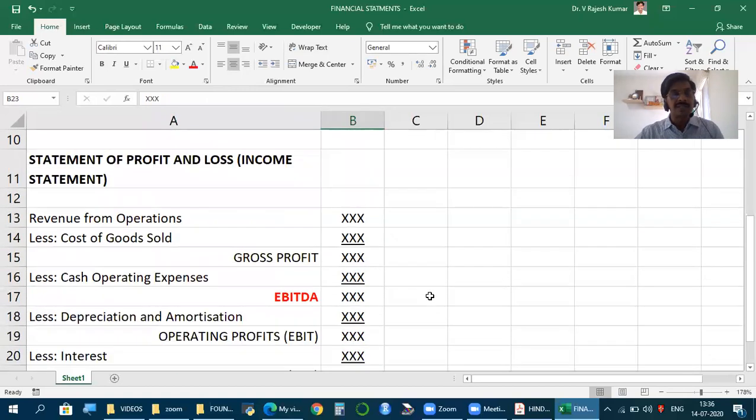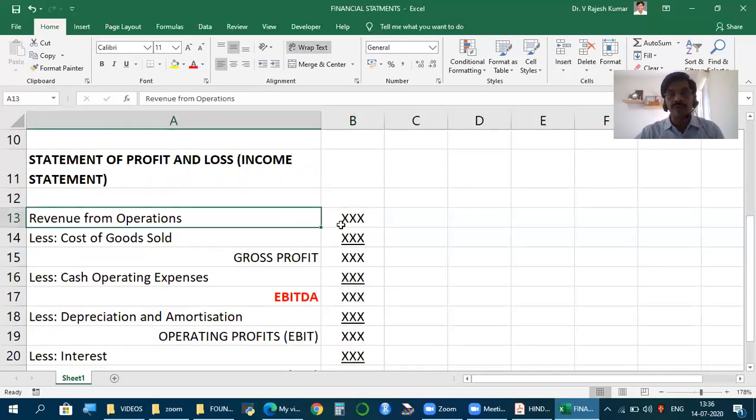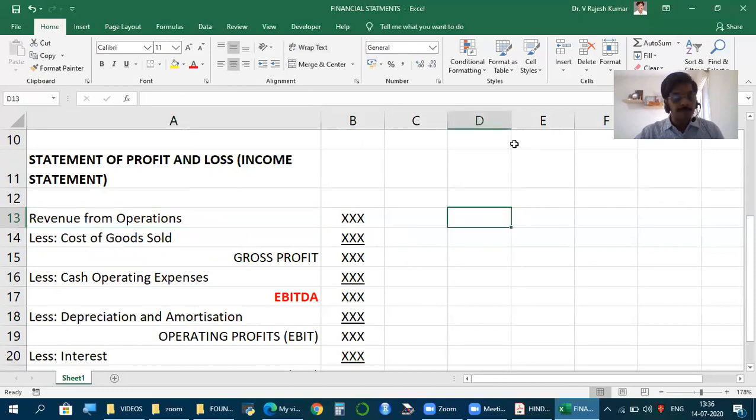And friends, in this format, the first item is revenue from operations; turnover is also the term we use. For any business entity, revenue comes from sales or service or sales and service. Revenue from operations or turnover has a very popular jargon, top line.